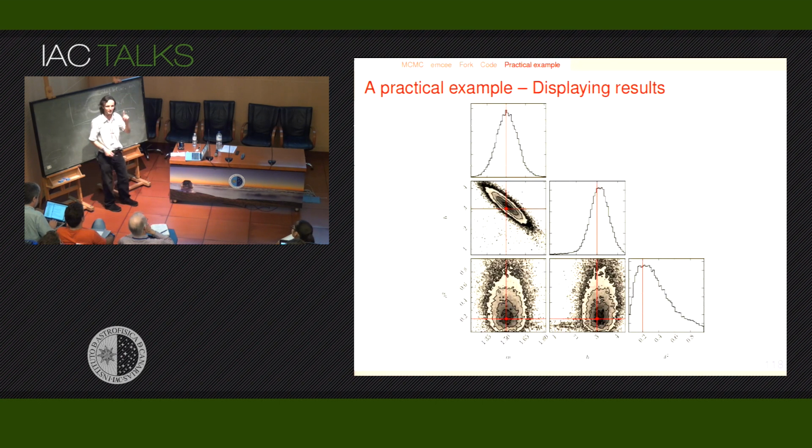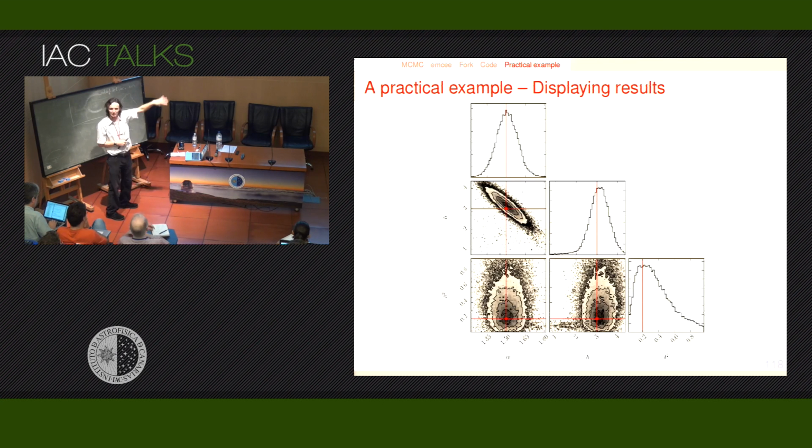And so before, when I was talking about that triangle plotting code, this is the plot that comes out of that. This is showing you the samples. Now the labels are hard to read. This is m at the bottom, b and delta squared.